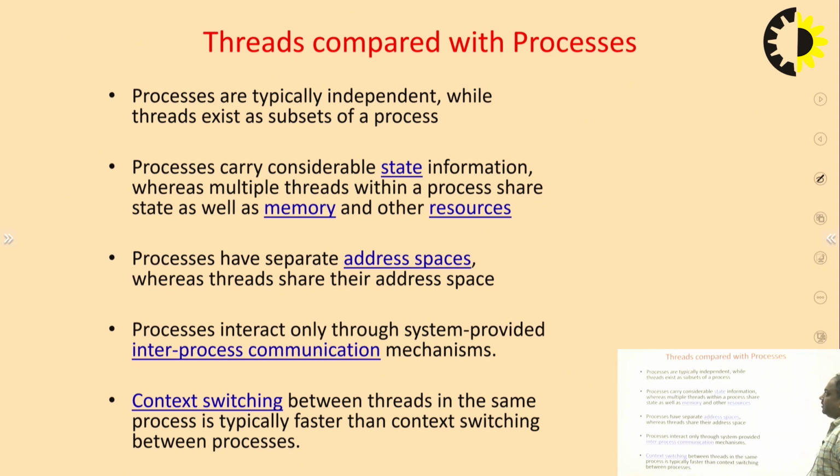So, what is a thread and what is its relation with a process? A process is a combination of many threads. One process is a combination of many threads, and those threads help in the execution of that process and in the completion of the working of that application. Processes are typically independent. Each process is independent.